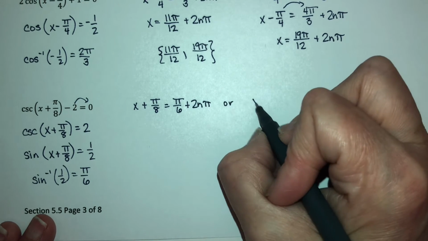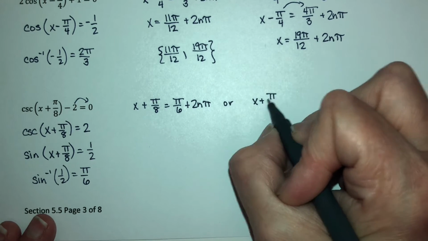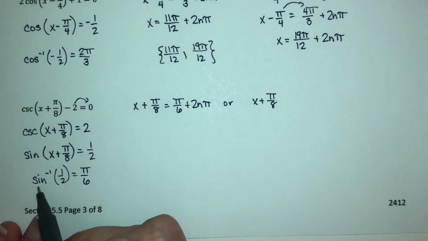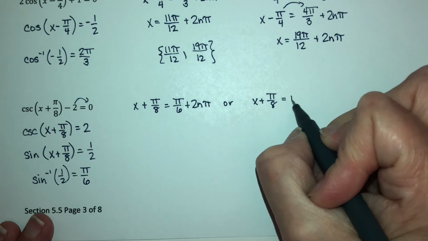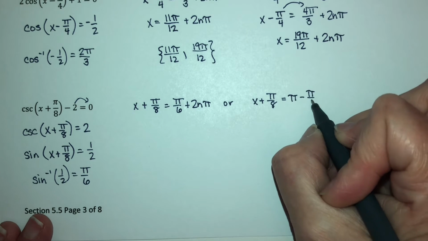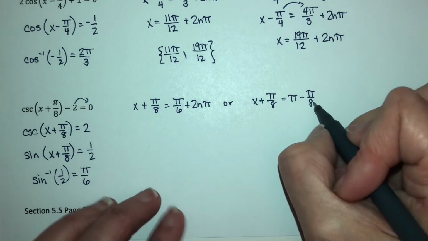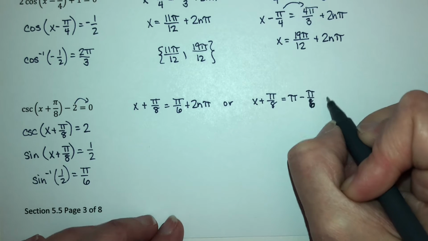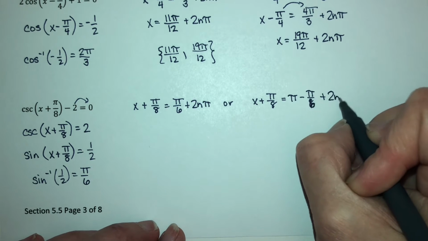Or I have x plus pi over 8. Since this is sine, it is equal to pi minus our alpha, which is pi over 6, sorry, pi over 6 plus 2n pi.